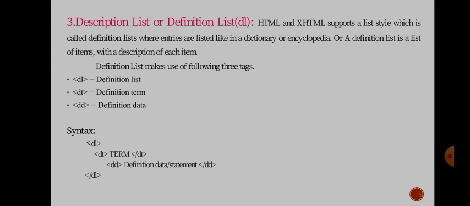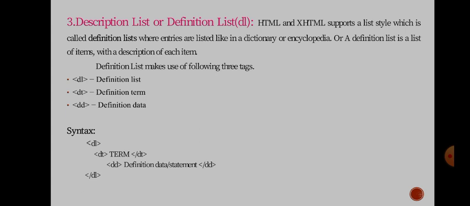HTML and XHTML support a list style called the definition list, where entries are listed like a dictionary or encyclopedia. A definition list is a list of items with a description of each item. A definition list is made using the following three tags.